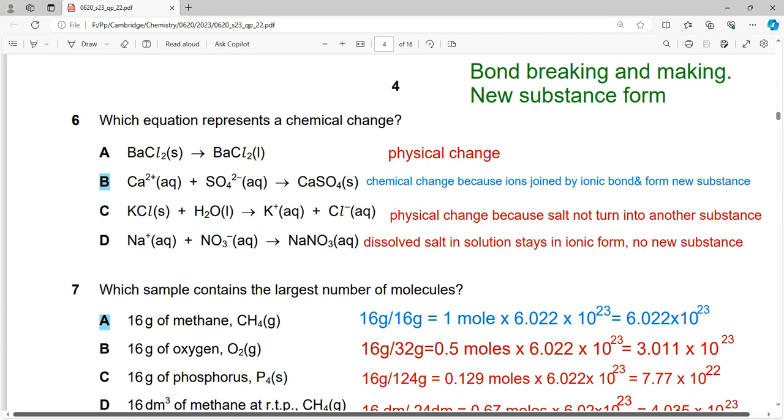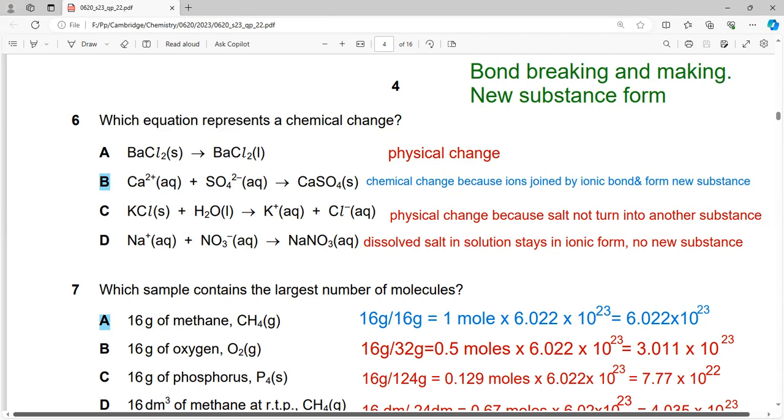Calcium ions react with sulfate ions and produce calcium sulfate. So a new substance is being formed. The reactants convert from the ionic state into a compound, producing a solid, a new substance. So that's why B is our correct option here.